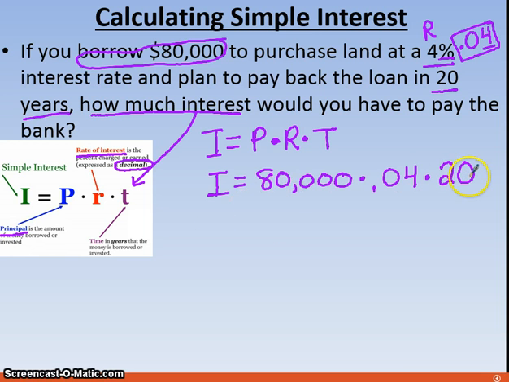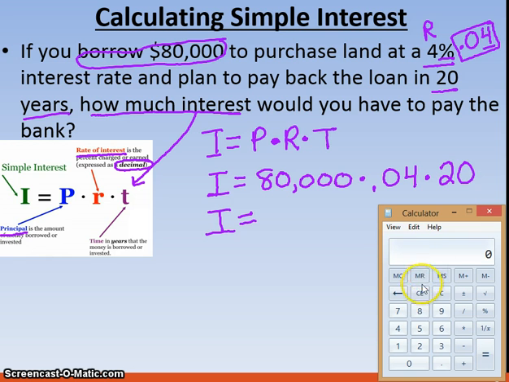Now, we could multiply this out on paper, but for time, I'm going to use my calculator. So I'm going to pull up the calculator, and I'm going to figure out 80,000 times 0.04 times 20. So I will type 80,000 times 0.04 times 20.